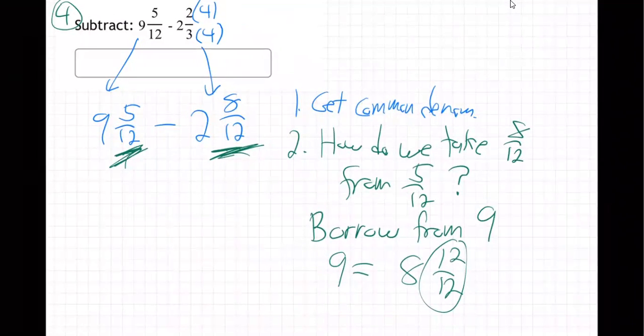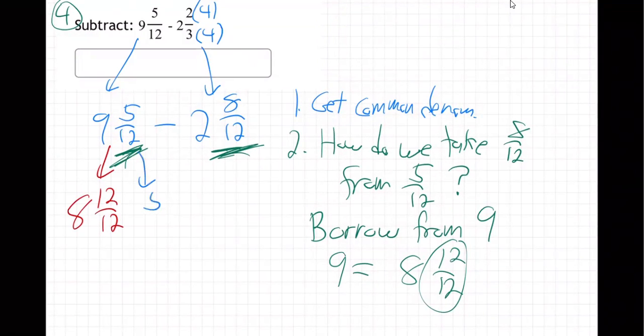So going back to the problem then, what are we going to do? We are going to subtract. Oh, actually, I didn't finish here. 8 and 12. I'm not ready to subtract yet. I need to first finish this problem. First get the borrowing done. All right, so everybody good so far? So this 9 has become 8 and 12/12. That's the same as 9. We didn't lose any money there, right? The $9 has become $8 and then $1 in change.